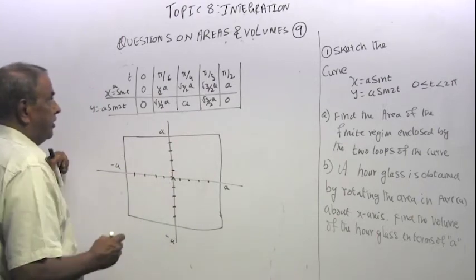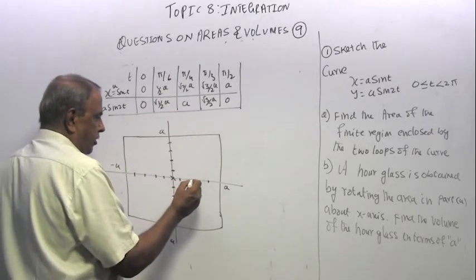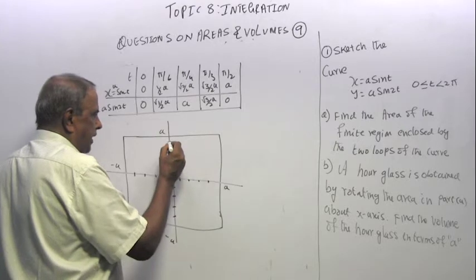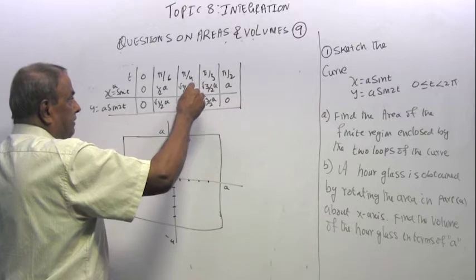You start at 0, 0, then 0.5a and 0.866a. So 0.5 and 0.866. And then 0.7 and a.